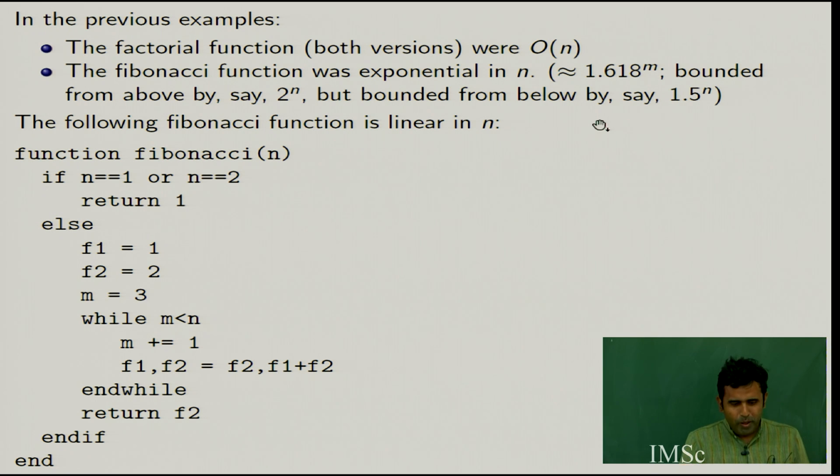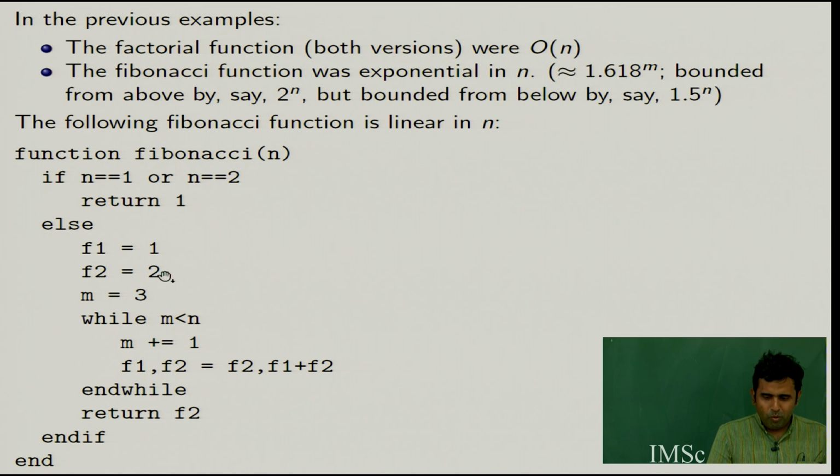So, the following function for Fibonacci numbers is linear in n, which is simply: if n is 1 or 2 return 1, otherwise explicitly calculate the next one from the initial numbers. So, f1 is 1, f2 is 2, m is 3. So, the potential next Fibonacci number is 3. Is m less than the input? So, if I call this function with n equal to 3, this entire thing will not be skipped and I will return f2.